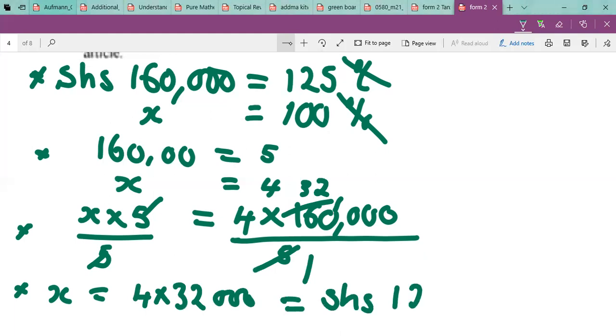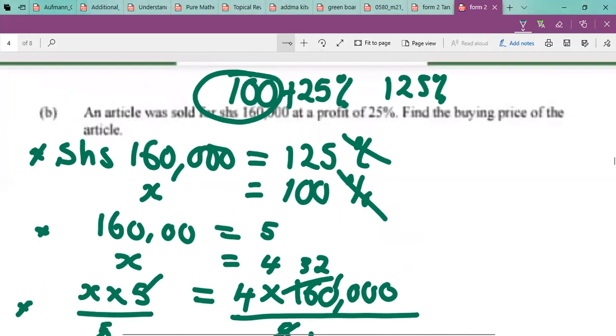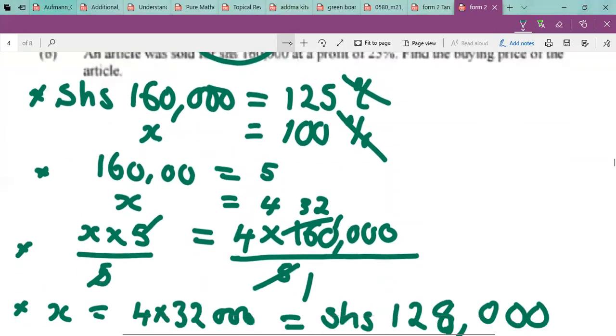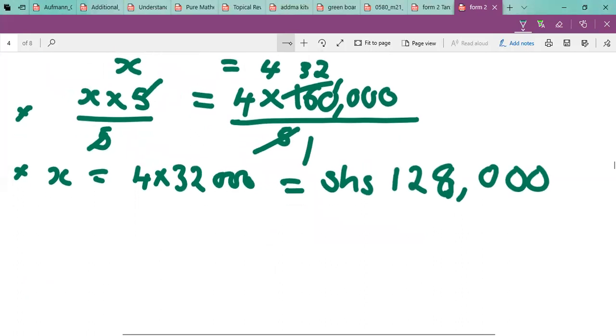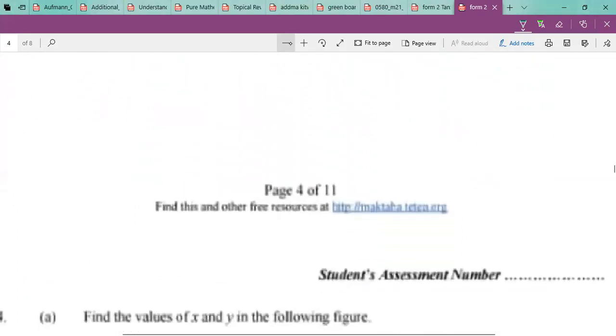So before making a profit of 25%, the article was bought for 128,000 shillings. All right. You can go to the next question now.